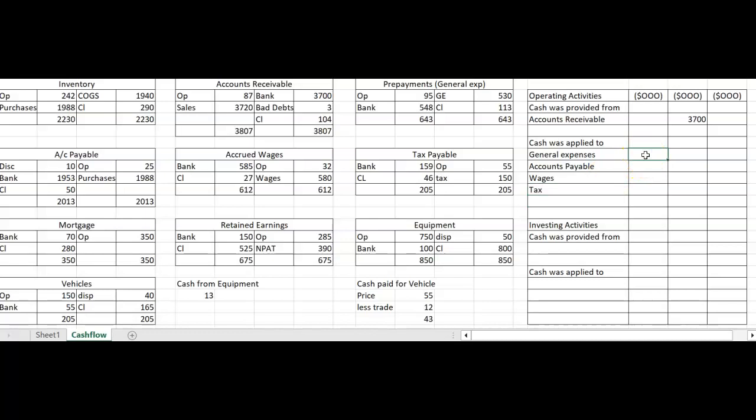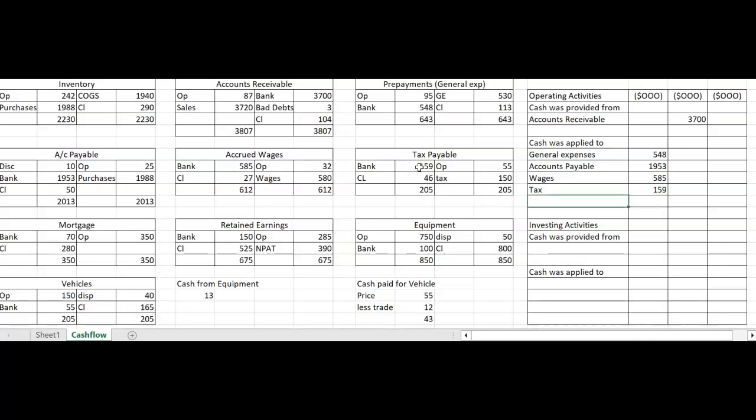What do we got? The general expenses is at 548. Accounts payable, the bank figure is what we're after. Wages, bank figure, tax payable, bank figure. Good, and we'll just go back and check on page 4, see if there are any other cash expenses there. So general expenses we've done, wages, doubtful debts is non-cash, bad debts we've done, depreciation non-cash, losses non-cash, finance cost note 3, turn to note 3, and that's interest on mortgage.